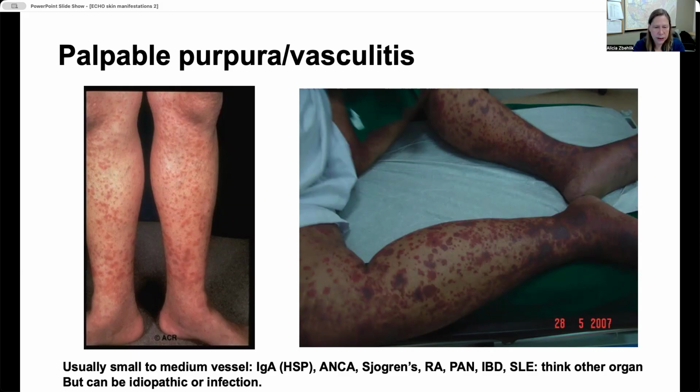I know we've had a whole talk already on vasculitis. We think of small to medium vessel vasculitis that shows up on the skin most frequently. And GPA is one of those types of vasculitis. It also tends to have lung involvement, and was formerly called Wegener's vasculitis, but we don't use that term anymore.